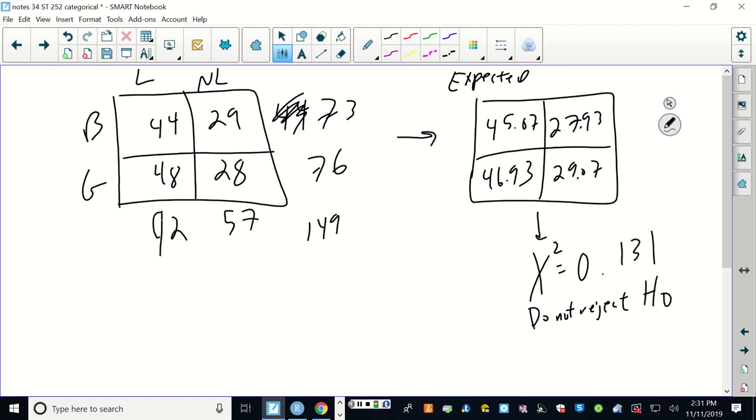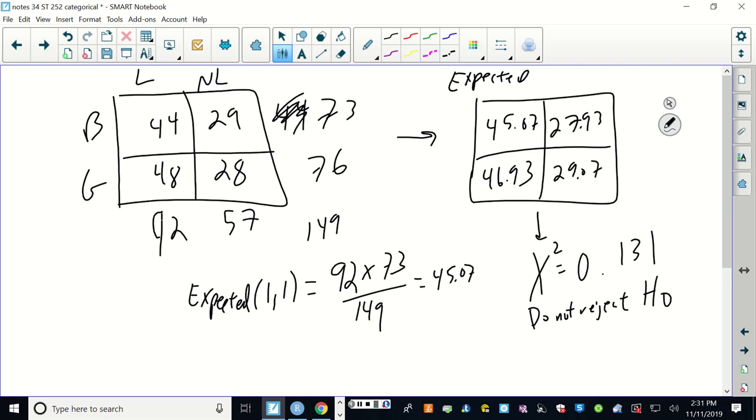The expected value, for instance, in the first cell, first row: we have 92 here times the 73 over the 149. That should give you this 45 number, for example. And you could check different ones just to make sure it's clear.